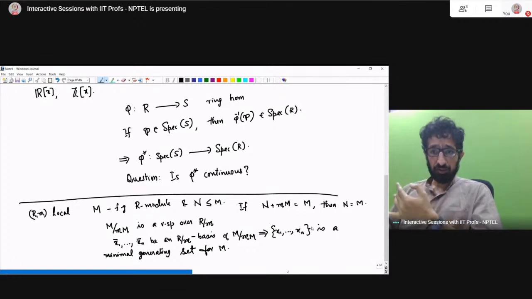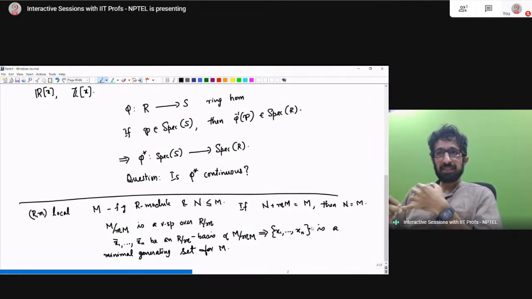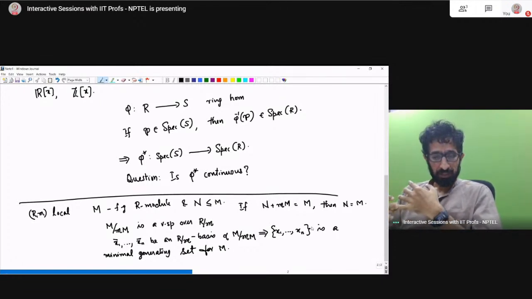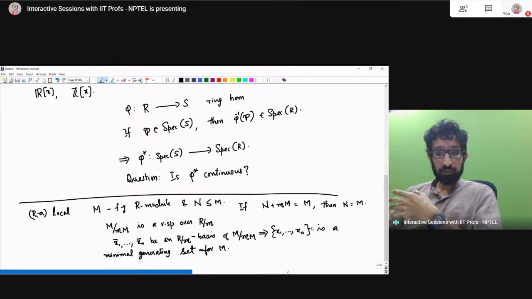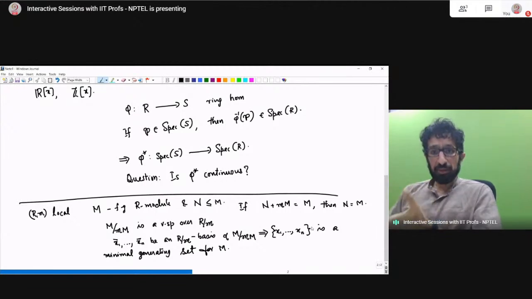There are a few things here. One is that given a module, how do you try to find a minimal generating set? And the number of minimal generating sets.